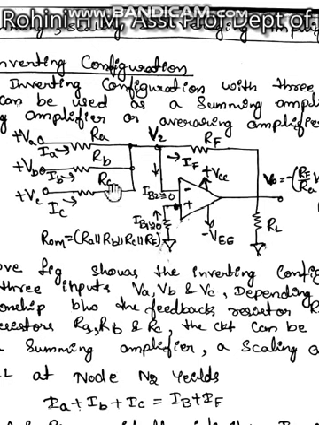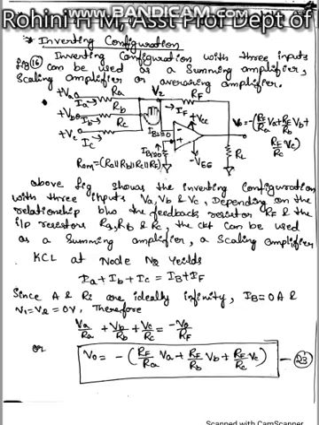Before that, here we can see that IA, IB and IC are entering node 2, whereas the currents leaving the node are IF and IB2. Applying KCL at this node 2, we can write the expression as IA plus IB plus IC is equal to IB2 plus IF.